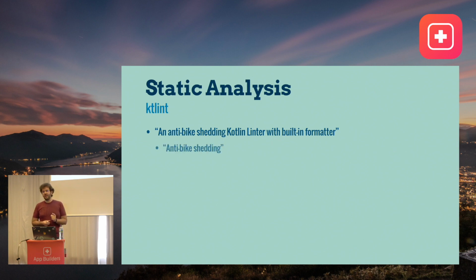Anti-bikeshedding. I don't know if you're aware what bikeshedding means. It's basically when a team gets caught up in a sort of pointless discussion about futile aspects of a code base. For example, in a project, it could be, we're building this massive building, but there's a shack for the bikes in the courtyard, and what color is that going to be? Because that's really important.